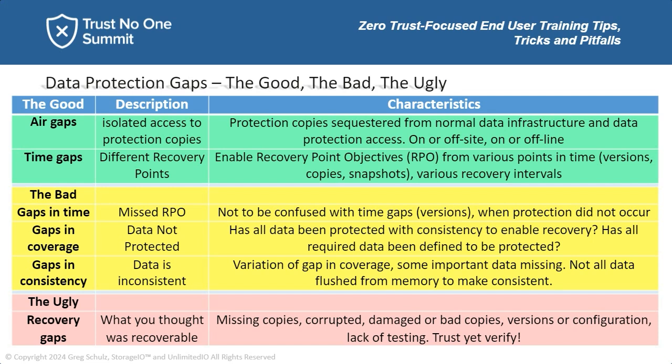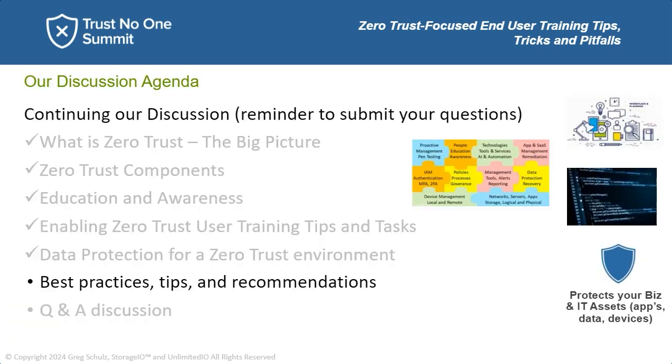And then the ugly is when you go to recover, when you go to test, and what you thought was recoverable, there's missing copies, missing or damaged versions. Things are not what they're supposed to be. Not all the pieces are there because you just simply trusted that everything was okay. They weren't verified, and they weren't verified end-to-end. So those are a couple things to keep in mind and keep in perspective.